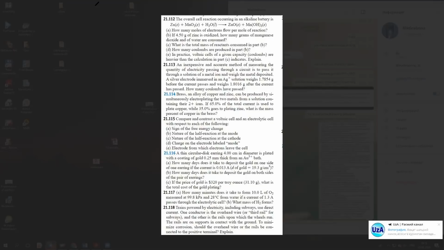So let's do the first one. A. How many moles of the electrons flow through moles of the reaction? So how many in terms of the flow through mole reaction? You can see zinc, zinc goes from 0 to +2. It's losing 2 electrons.